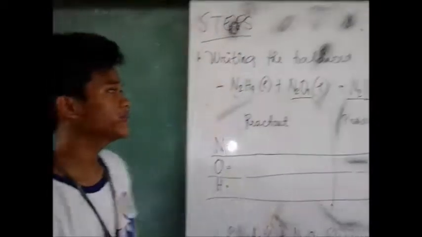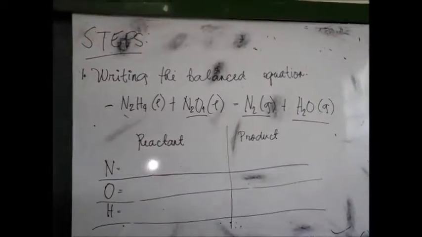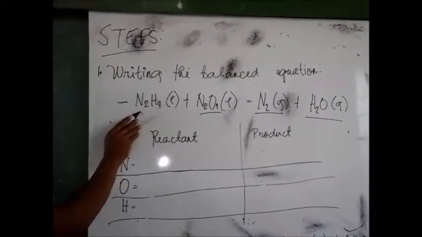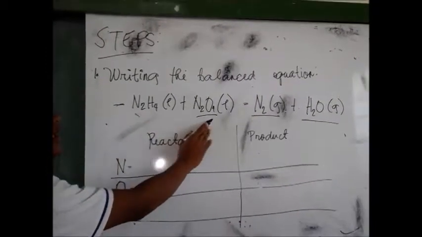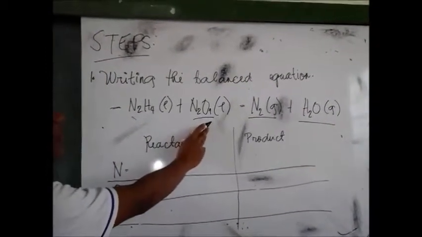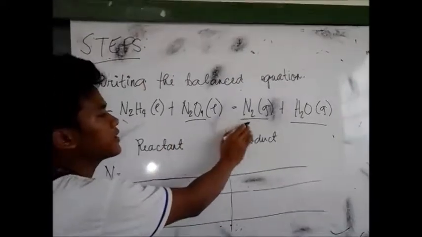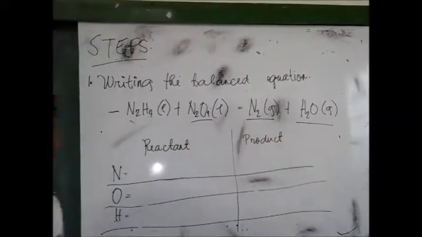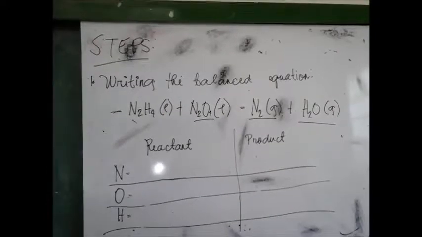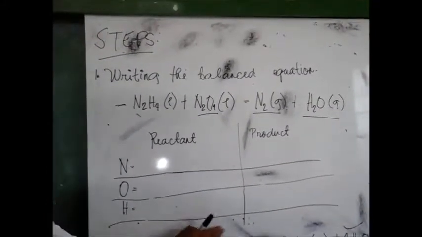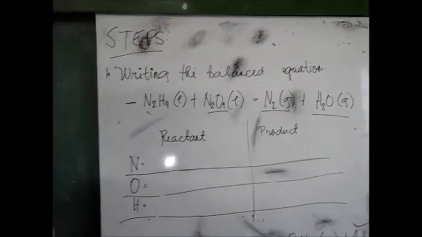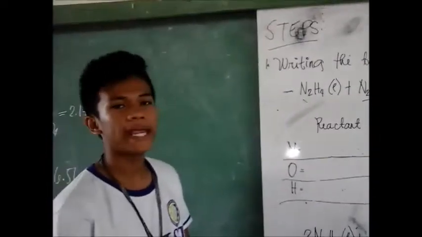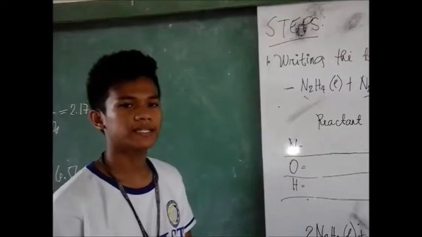First off, we'll be writing the balanced equation. This is our original equation: N2H4, or hydrazine, ignited with dinitrogen tetraoxide, or N2O4, to form nitrogen gas and water vapor. The first thing we do is make a table dividing the reactant side from the product side. Then, we multiply them by a number that will make them equal.